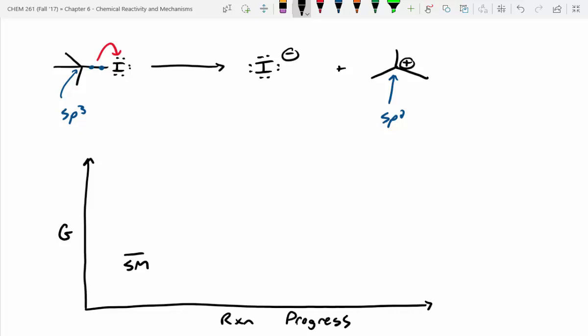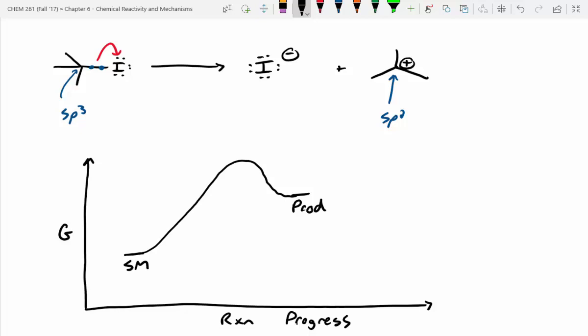Higher. Why? Because it's charged, right? Specifically, that carbon doesn't like having that positive charge. So I'm going to put products at a higher energy level. And we know it's got to have some activation energy. What I mean by that is it's not a straight line going from starting materials to products, right? We've got to go over some energetic hump.